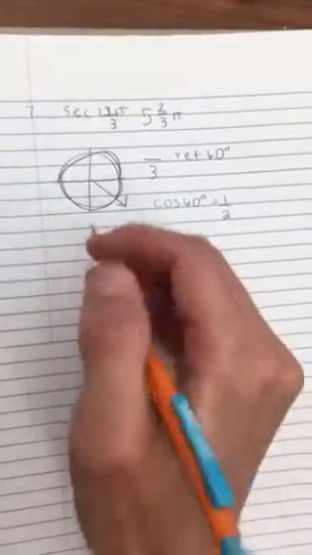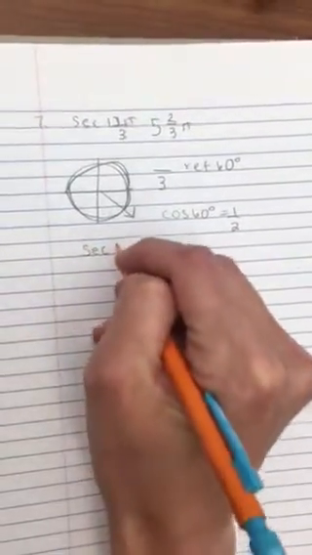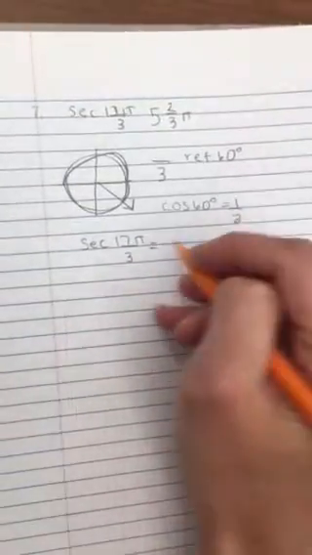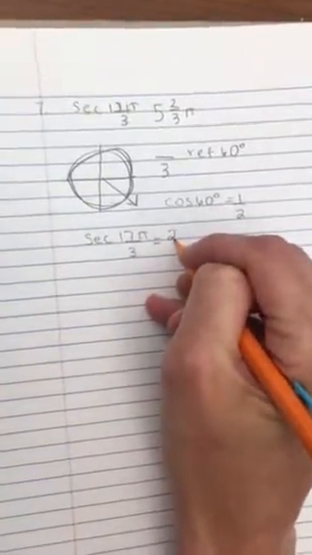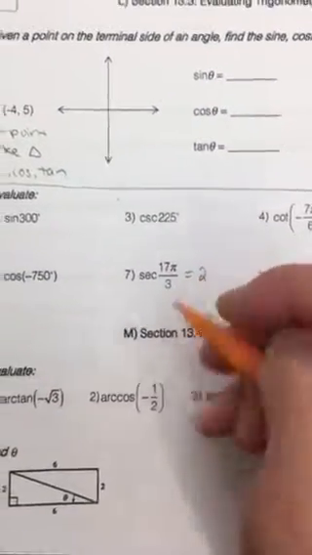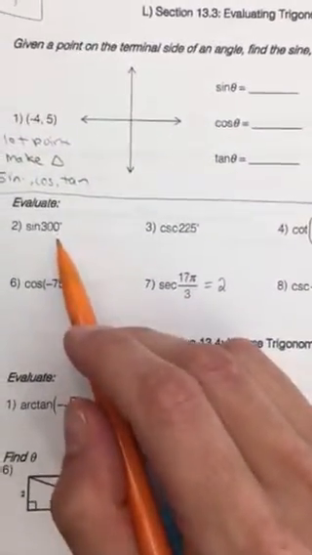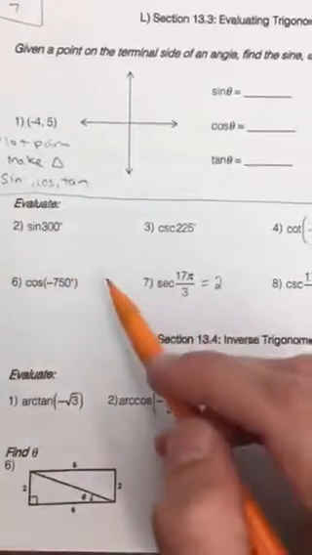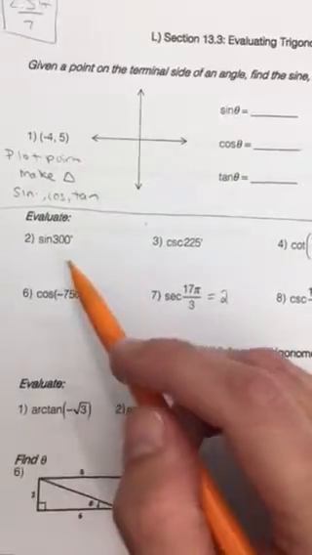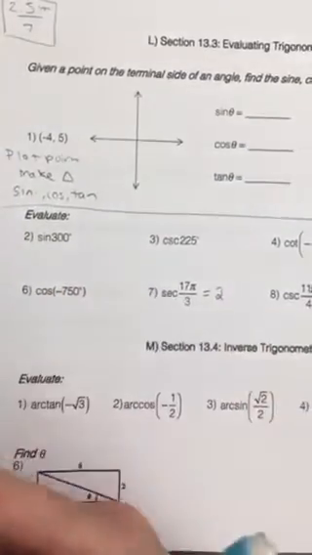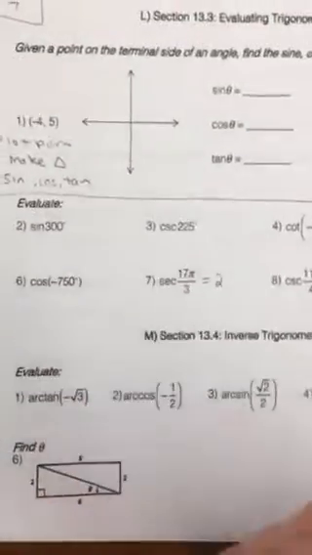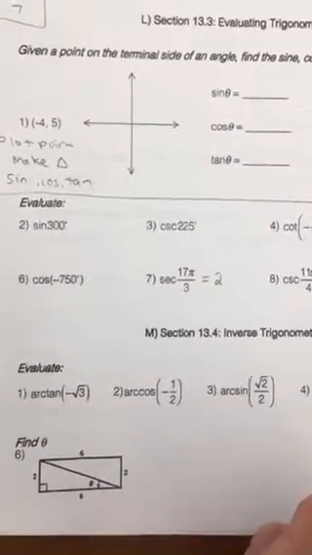So in this case, the secant of 17 pi over 3 should be the reciprocal of a half, or the number 2. So in these problems, what you're doing is figuring out the location on the unit circle, then evaluating the reference angle, deciding if it's positive or negative, and then if it's a reciprocal function, actually taking the reciprocal of the value.